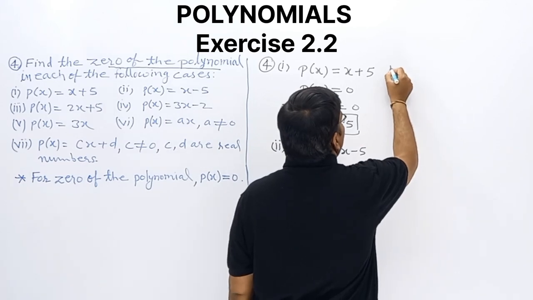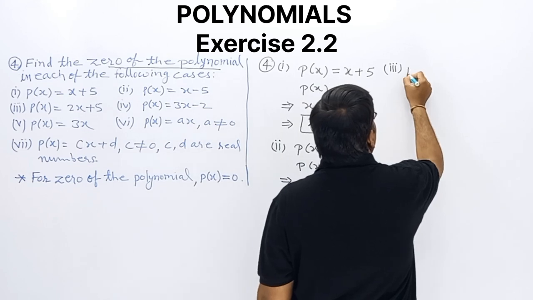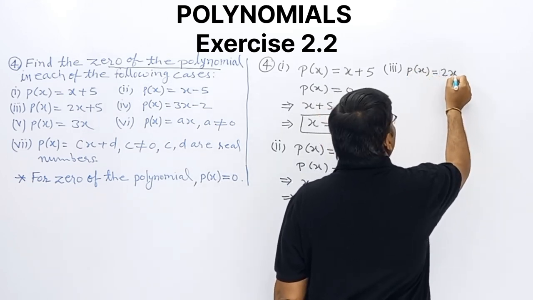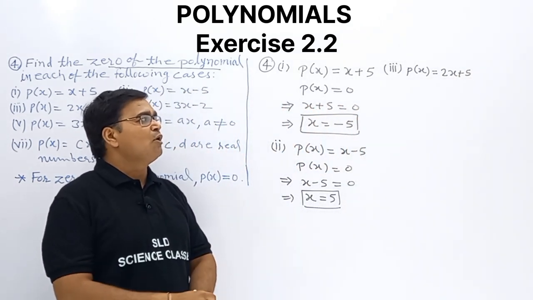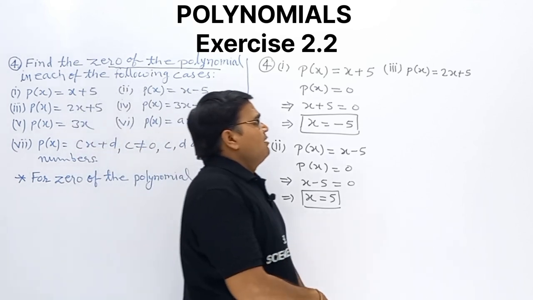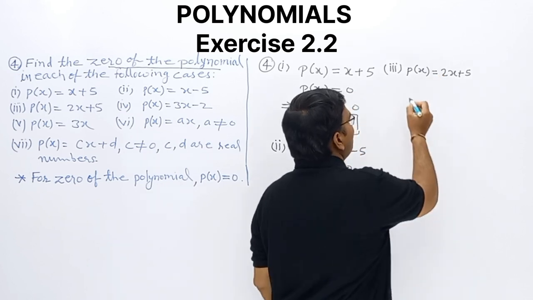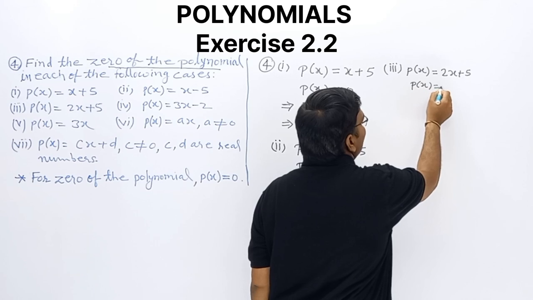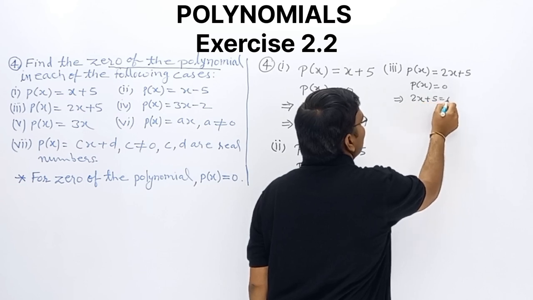Now the next question, number 3. What is this one? P of x equal to 2x plus 5. The last question of this exercise is going on. Observe carefully. This is the given polynomial. We want its zero, so we should put this polynomial equal to 0. Then p of x is this one. Put there: 2x plus 5 equal to 0.